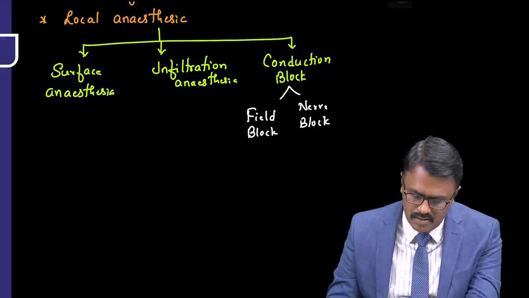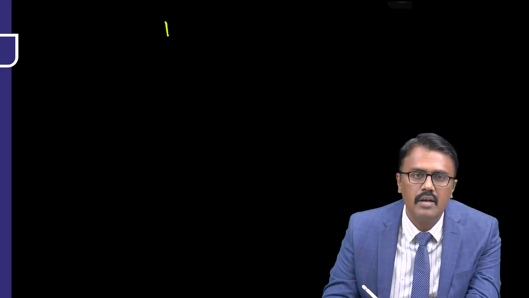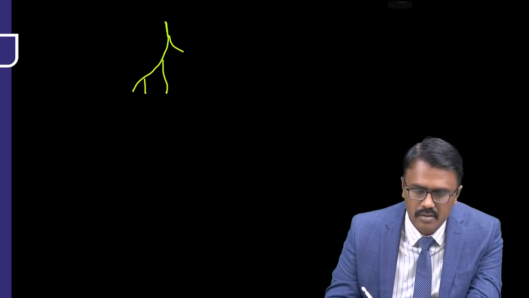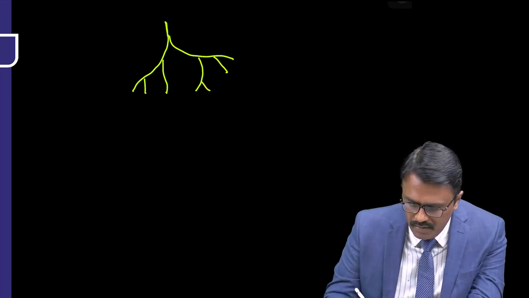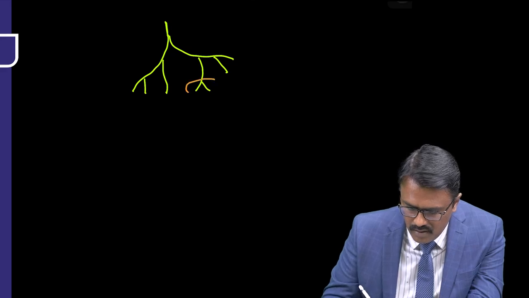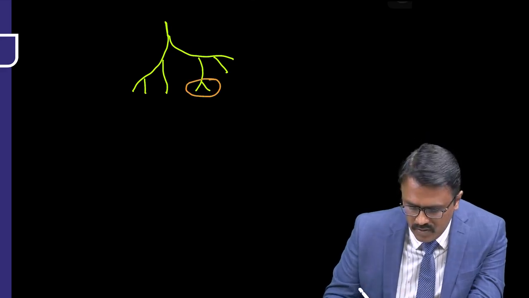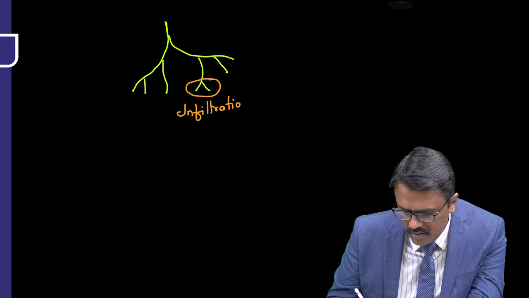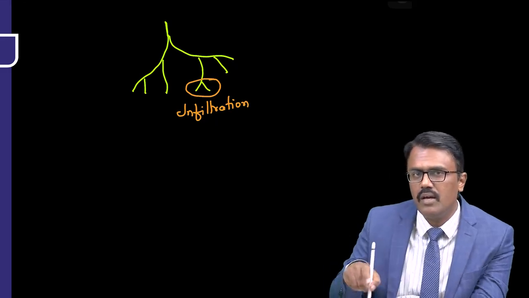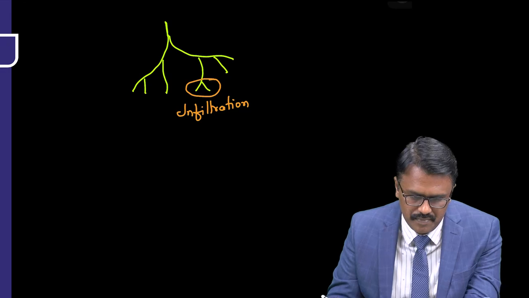So let us understand like this. Suppose this is the nerve and it is giving the branches like this. Right? Okay. Now if I am giving the anesthetics here, this is called infiltration anesthesia. So we are infiltrating locally around certain branches of the nerve.